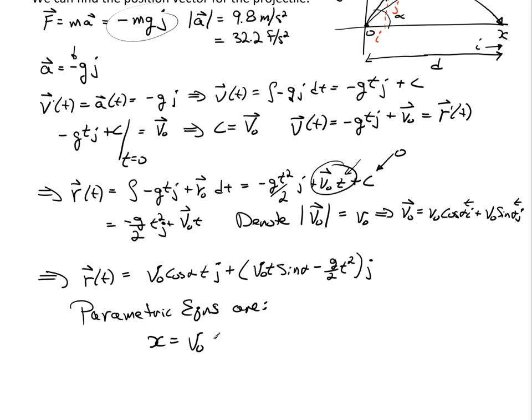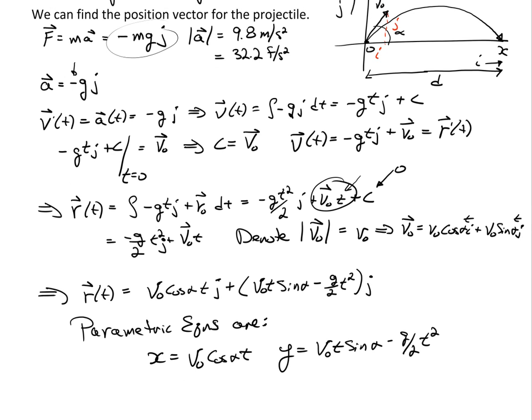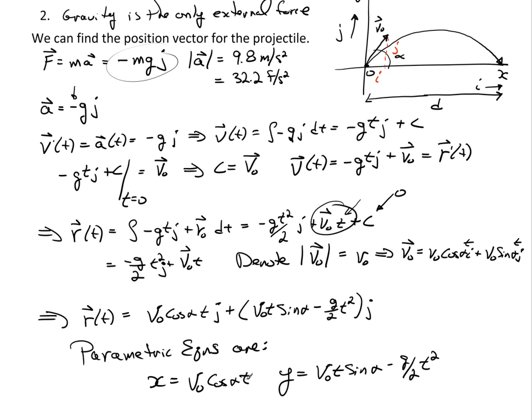And y is v naught t sine of alpha minus g over 2 t squared. So now for any time t, I can tell you where it is along the horizontal axis and where it is along the y-axis.